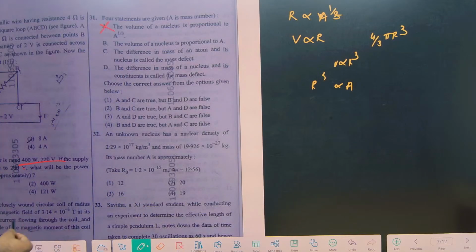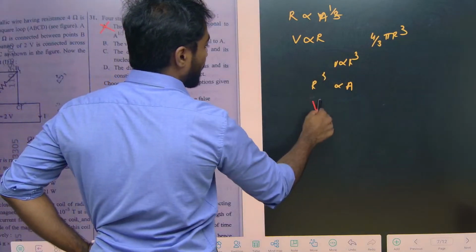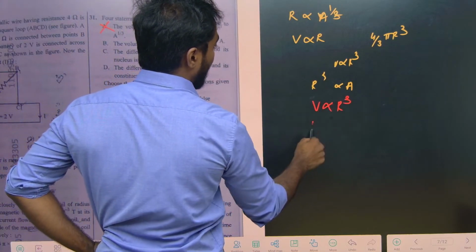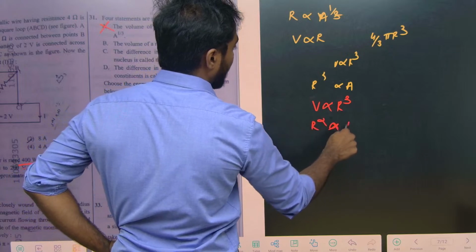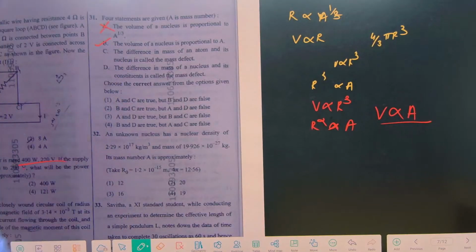So option 1 I can neglect. V is directly proportional to A, so yes, option B I can say.